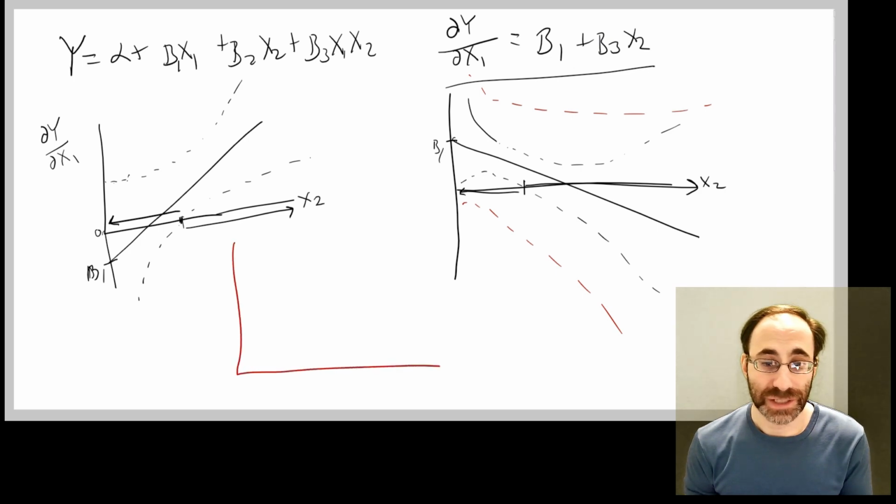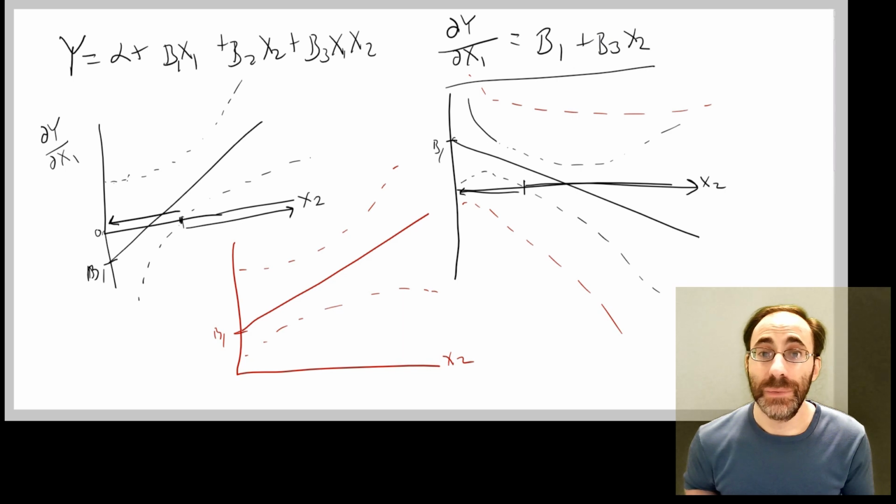Conversely, if we had a situation like this, say, where we had a positive beta 1 and a positive beta 3, or negative both if you wanted to, and the confidence interval looked like this, then we can always reject the null hypothesis for all values of x2. So in practice, it depends upon what your confidence bounds look like, which depend on the errors of this equation up here. The errors inherent in the total marginal effect of x1 on y.